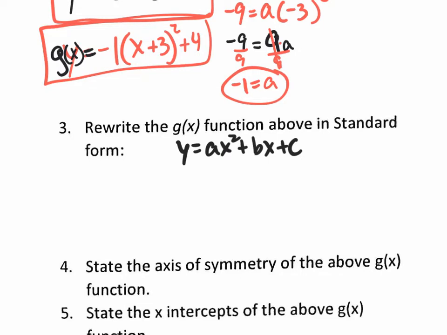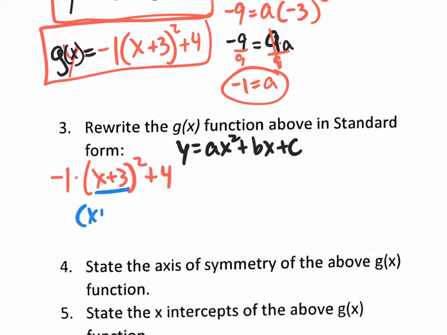So let's understand this, guys. When you're about to simplify negative 1 times parenthesis x plus 3, close parentheses squared, plus 4, you're really doing 3 things. You're multiplying, you're doing exponents, and you're doing addition. Which one do you deal with first? Exponents. So we need to take this binomial and multiply it with itself before anything else.